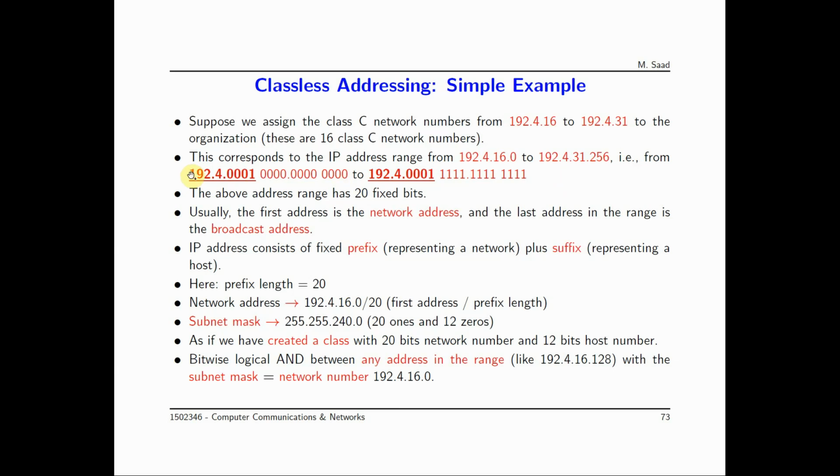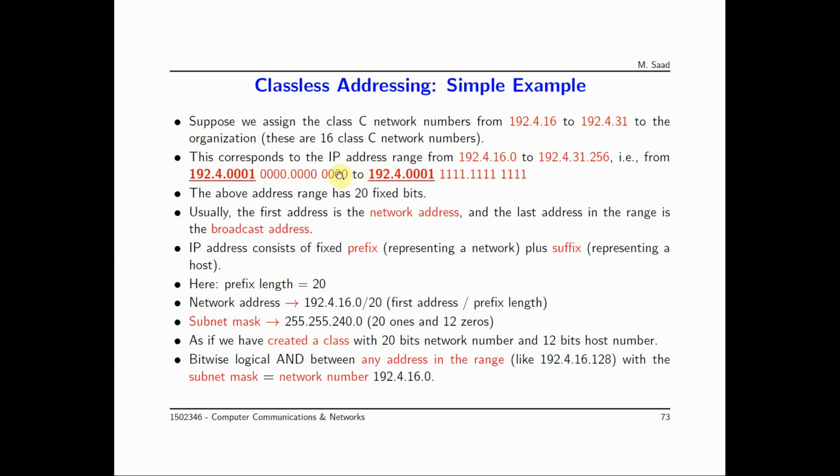But as a rule, the first IP address in the range is always used as the network address. This is the address that represents the whole network. And the last IP address in the range is always used as the broadcast address in my network. So if I want to send a broadcast message to all machines connected to my network, I will use this last address as the broadcast address.